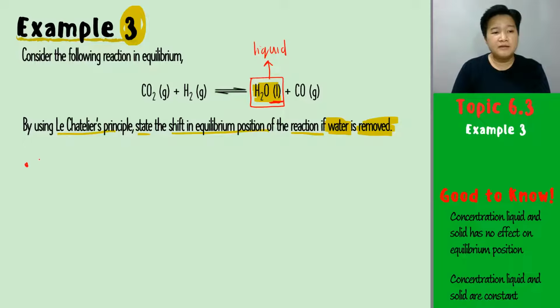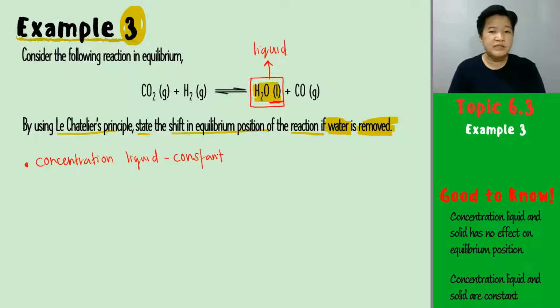And we know that the concentration of a liquid remains constant. Agree? Bear that in mind, your liquid concentration will not change the equilibrium position. Okay? Because the concentration of a liquid remains constant.